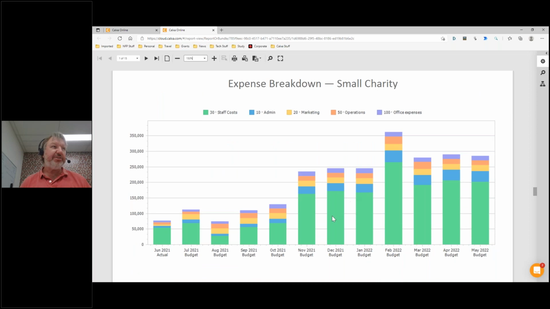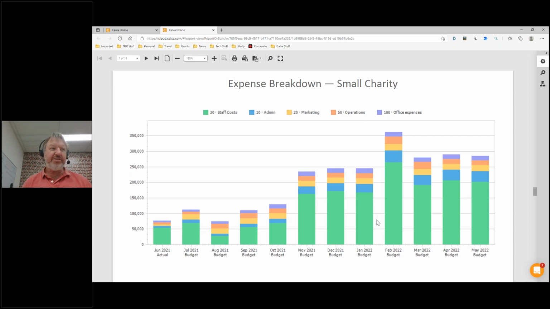And again, this one, we could show that P&L report month by month for the year, but this one shows our total expenses month by month, broken down by these different headings.